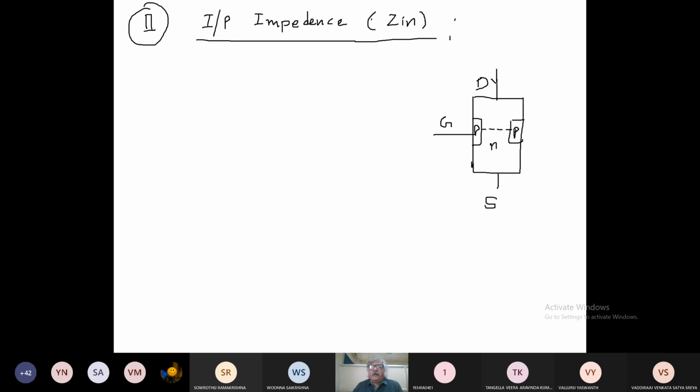In the drain terminal we will have a drain current ID, and in the source terminal we will have the source current IS. Both will be the same, right? Because basically the same current will pass through the source also. ID and IS are the same.